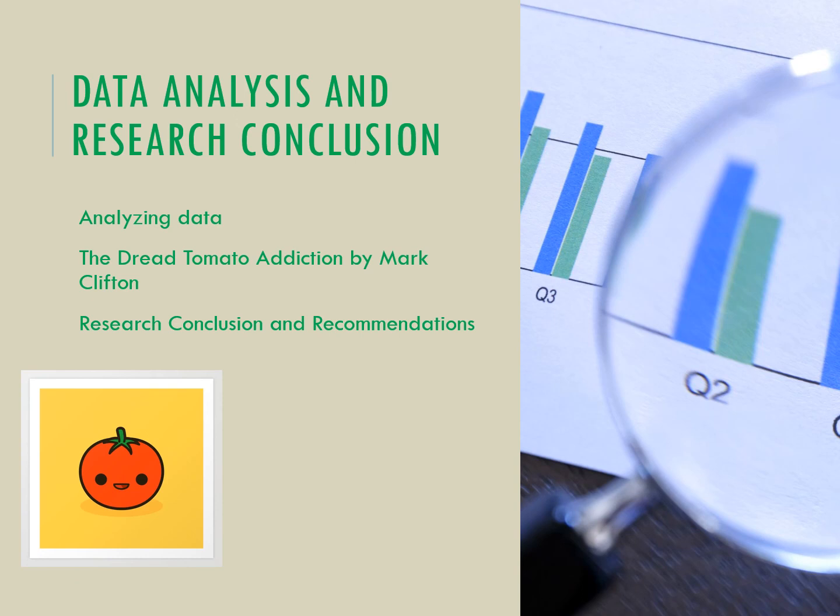The thing here that is probably, again, my favorite aspect of research is it's addressed in The Dread Tomato Addiction by Mark Clifton. This is in box 16-4 in your book. It's on page 207. And it's really where you can see how if you're not looking at the big picture of a study, you can get caught up in details and then make statements that aren't true.